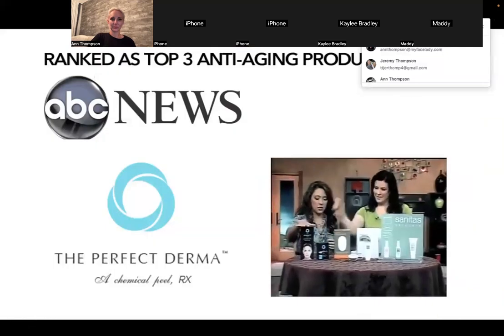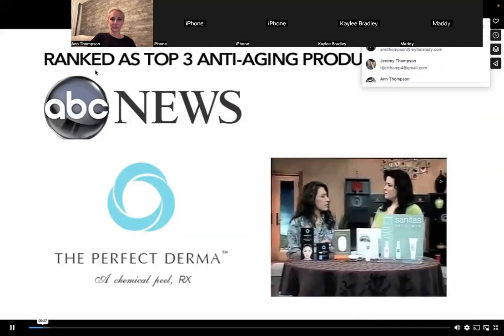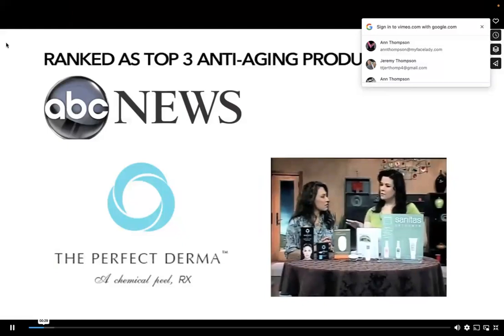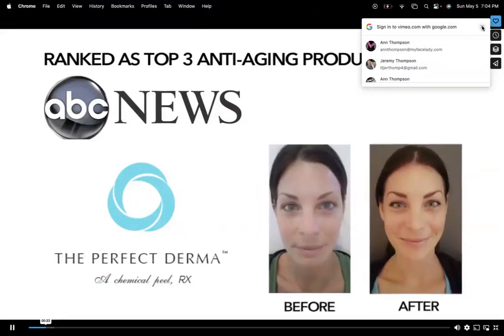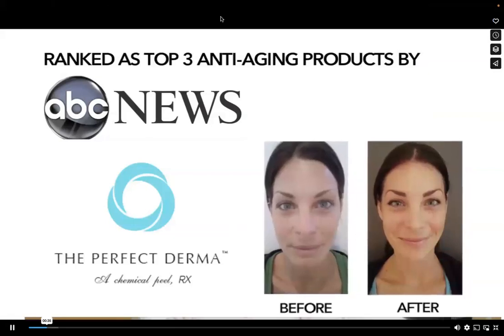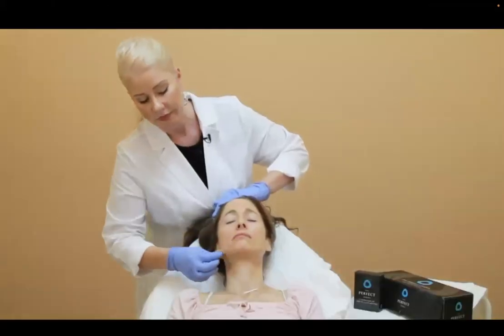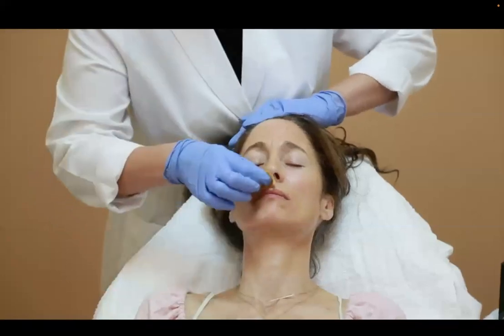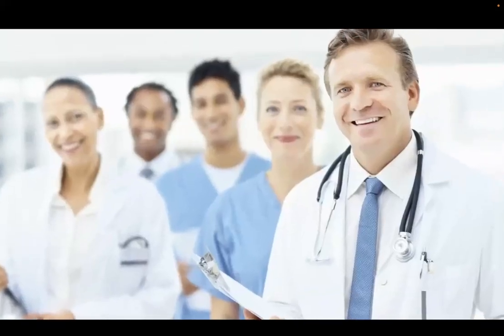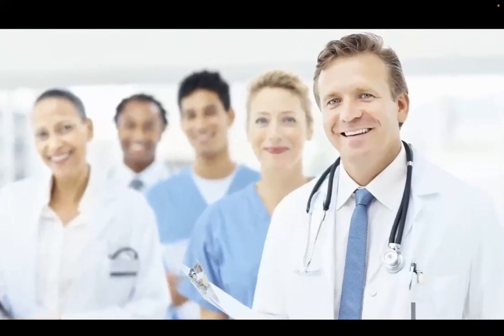Ranked as one of the top 3 new anti-aging products of 2011 by ABC News, the Perfect Derma Peel delivers healthy, ageless skin for all skin types and ethnicities. Bella Medical Products advocates the practice of less invasive cosmetic treatments by providing cutting-edge products to plastic surgeons, dermatologists, cosmetic physicians, and other medical professionals.